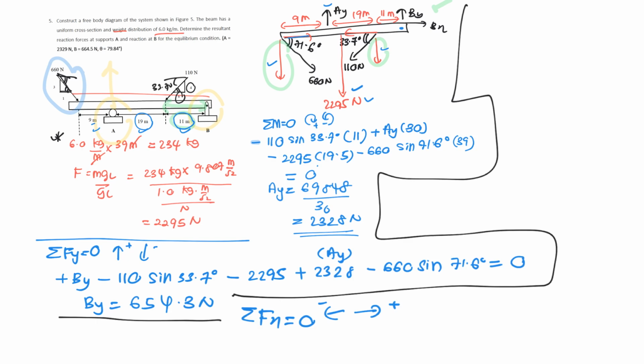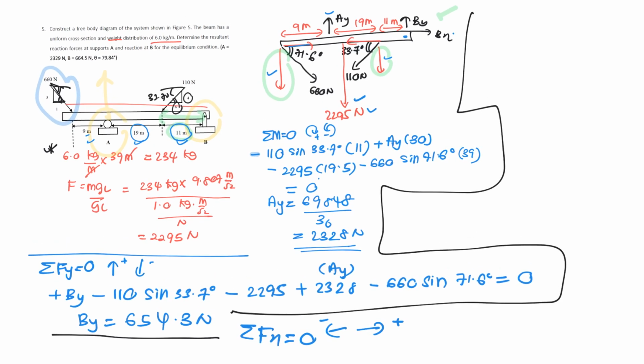So now my Bx here I assume to the right, so that's why I'm going to put it as a positive Bx. Okay, 110, yes, I see that there's an X component over there because I resolved the component. It's to the left, so it should be negative 110. It's not sine, it should be cos 33.7 degree.